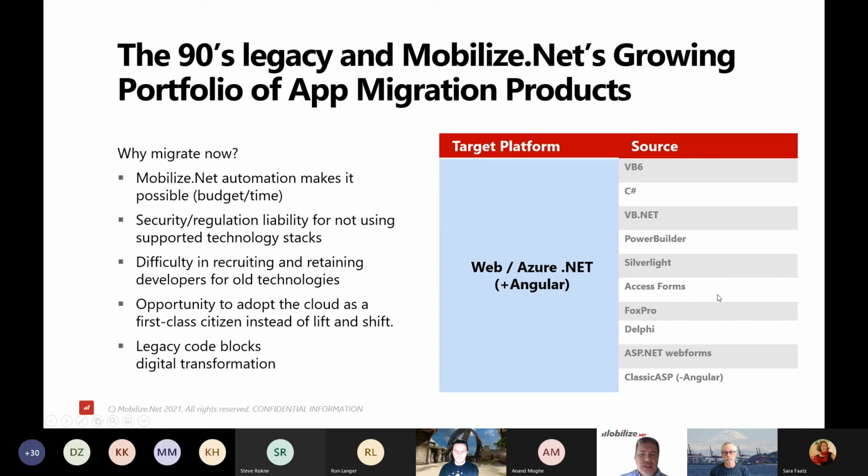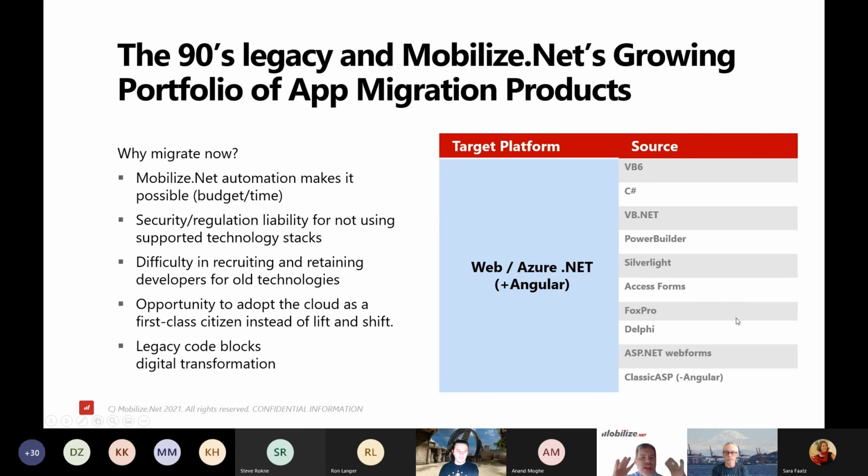Access forms, which we've seen growing a lot inside corporations, that were very easy to build, and some of them became really critical inside some organizations. Of course, FoxPro, Delphi, ASP.NET Web Forms, that nowadays you also want to move forward. And then, of course, classic ASP.